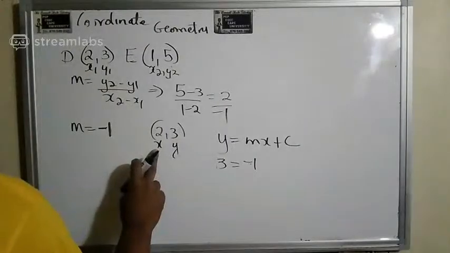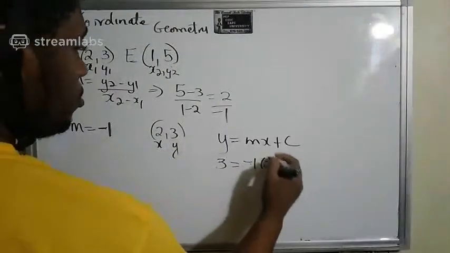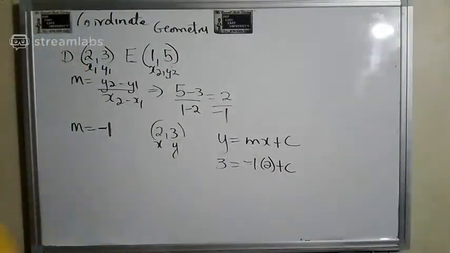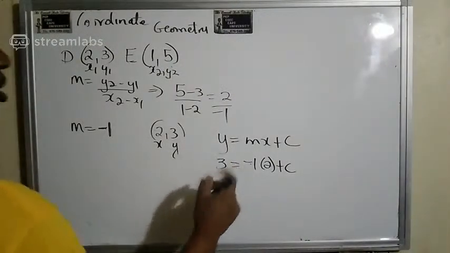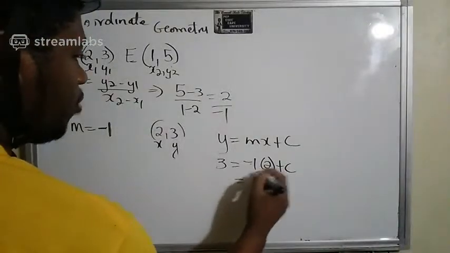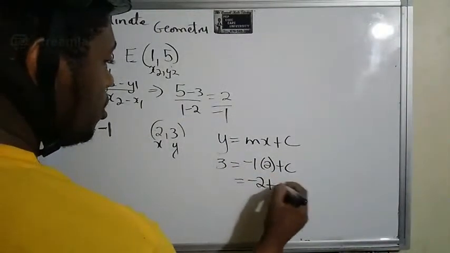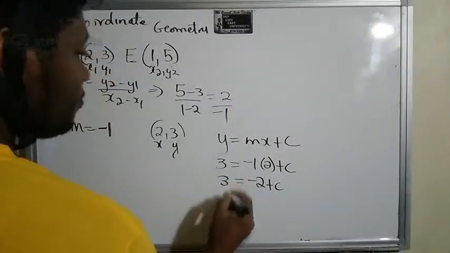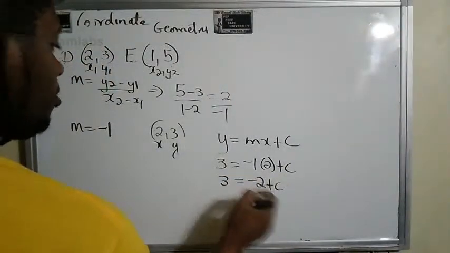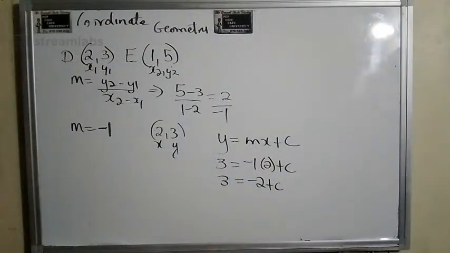What is x? 2. So 3 equals negative 1 times 2. Remember, bracket means to multiply, so we have negative 2 plus c.